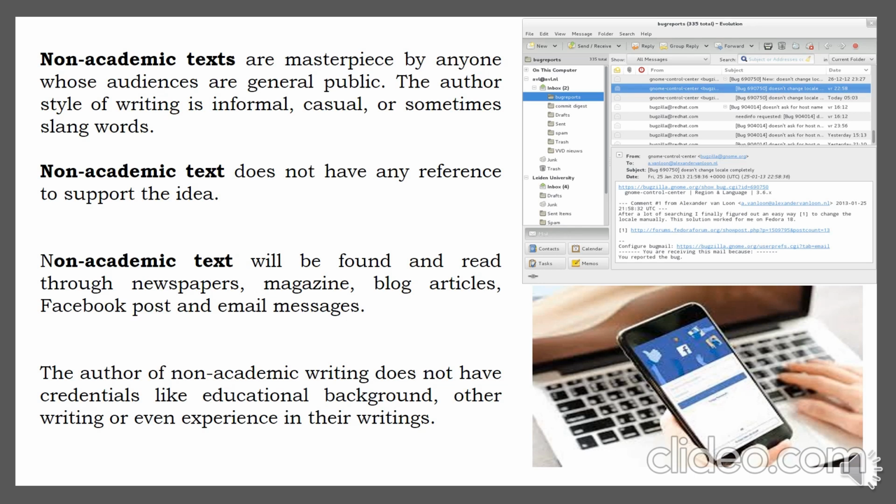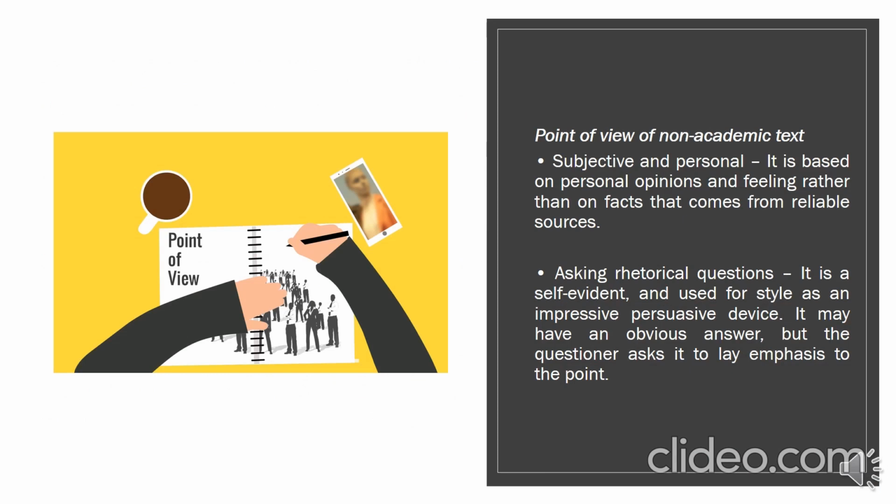And the author of non-academic writing does not have credentials like educational background, other writing, or even experience mentioned in their writing. So for the point of view of a non-academic text, since it is subjective and personal, it is based on personal opinions and feelings rather than on facts that come from reliable sources or information.